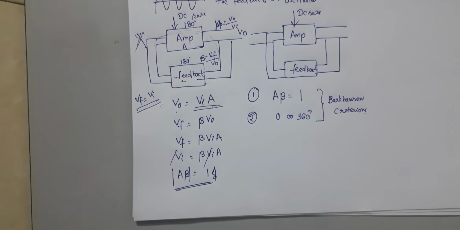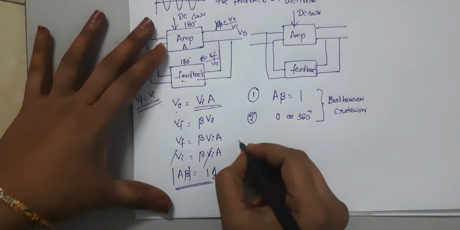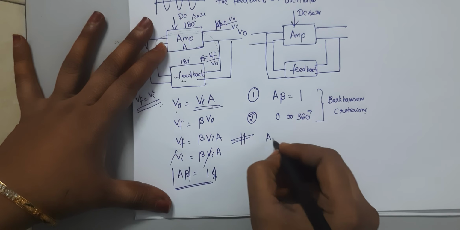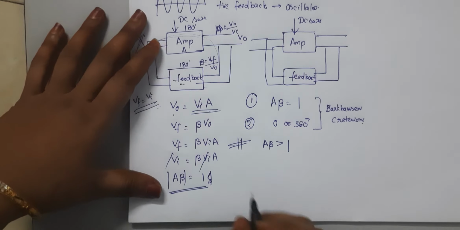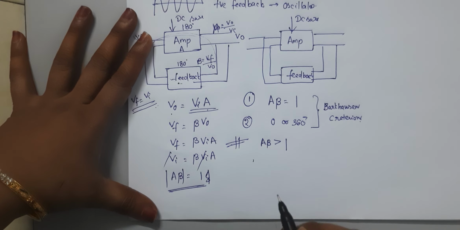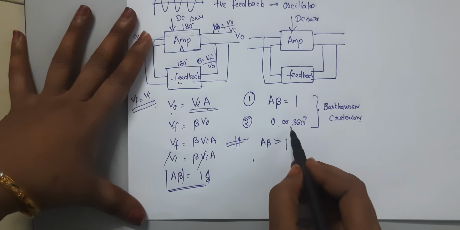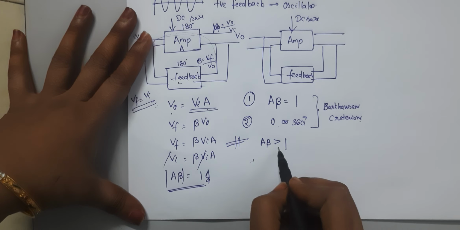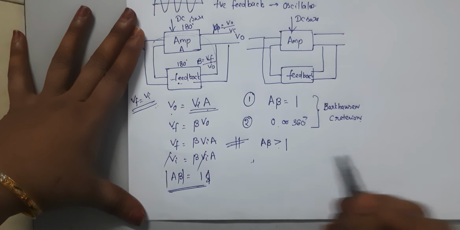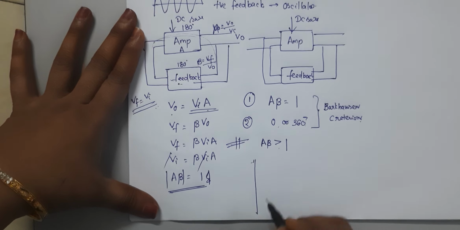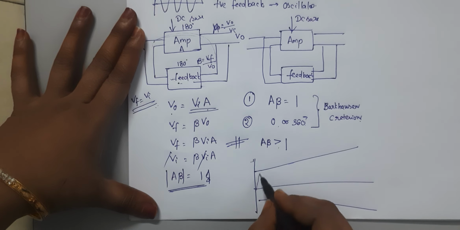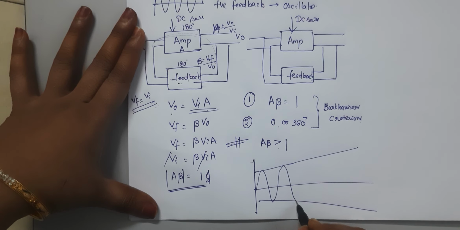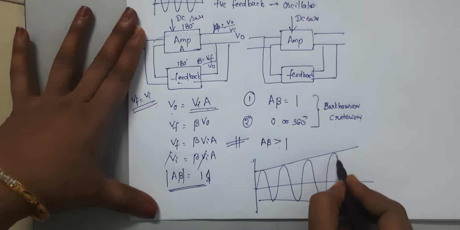Next, what happens when A beta is greater than 1? If the phase shift is 0 or 360 degrees but the magnitude of the loop gain is greater than 1, then the oscillations are like this, increasing type.